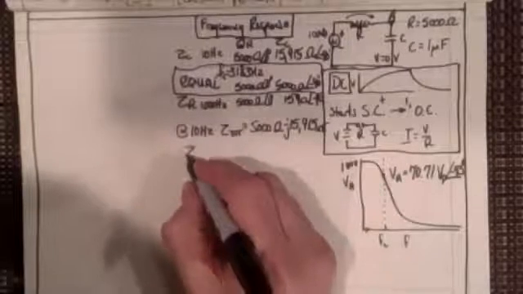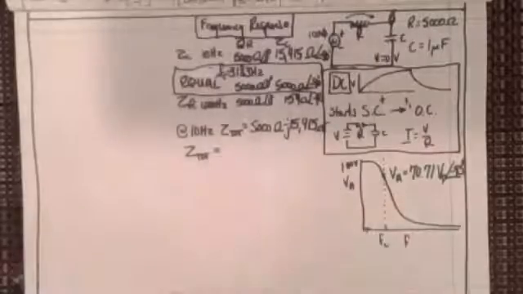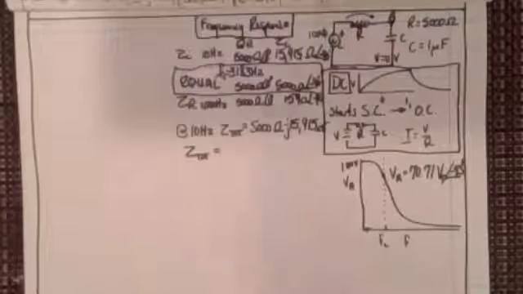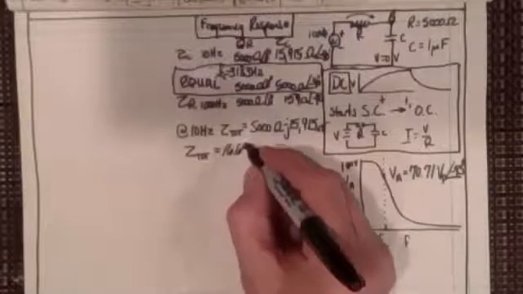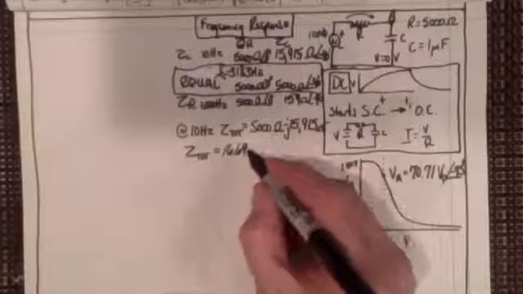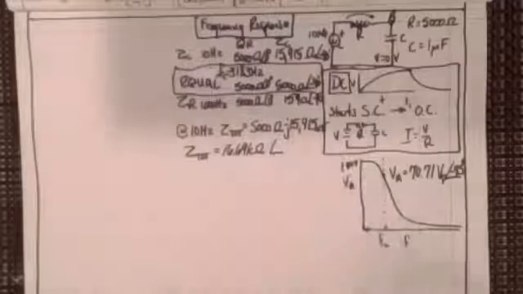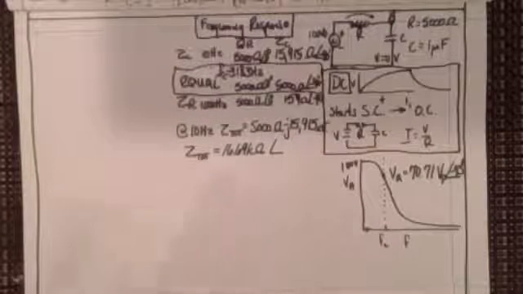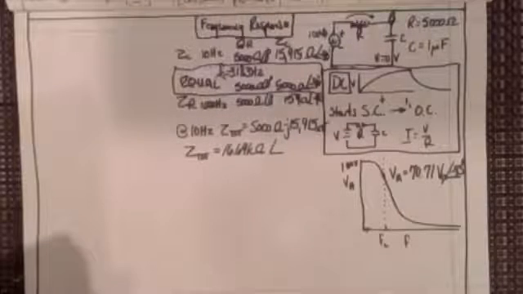If I wanted to write that total impedance as a vector instead, that would be 16.69 kiloohms at an angle. Wait, don't tell me. I'm going to have to figure it out here myself.